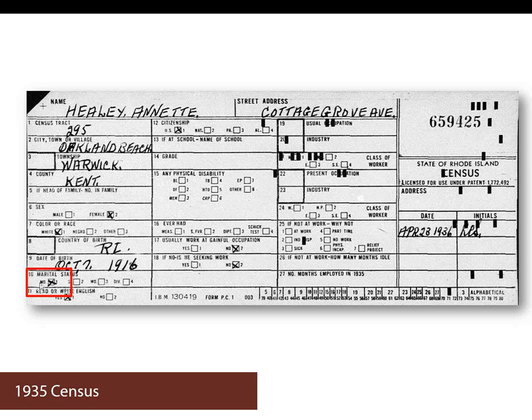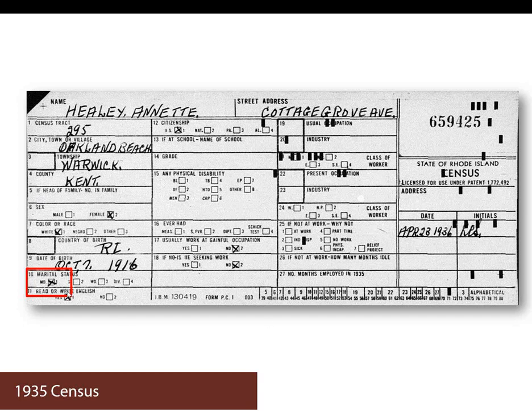If she was single or widowed, I might have expected, depending on her age, to see if she was still a daughter of somebody, or if she was an older woman, maybe she's living with a family, etc. What I did not see was in box number 5, which is just below Kent, on the left-hand side, it asks if this is the head of the household. And there's nothing filled out there, so that tells me she's not. So there's got to be more people in this household.